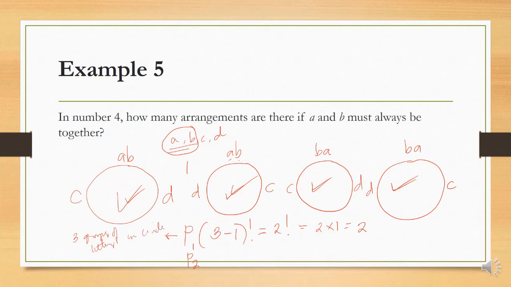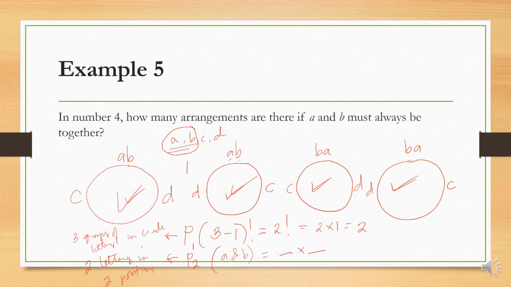Okay? Ito namang P2 is the arrangement of 2 letters in 2 positions. Sino yung letters na yon? Ito yung letter na A and B.